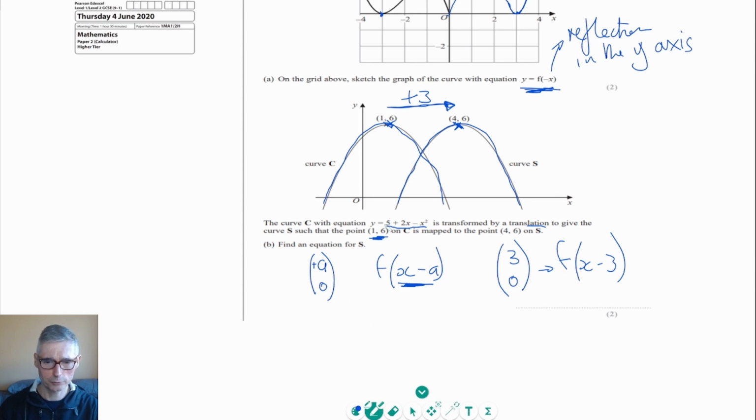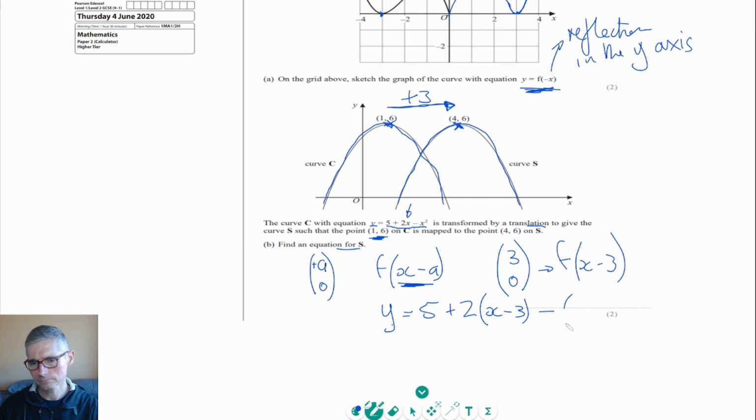So if we apply that to the equation, because we're asked for the equation for S, then that just means replacing anywhere we see x in the equation, and brackets are very useful here, by x minus 3. We had an x there which was multiplied by the 2, so instead of writing x, we're just going to write x minus 3.